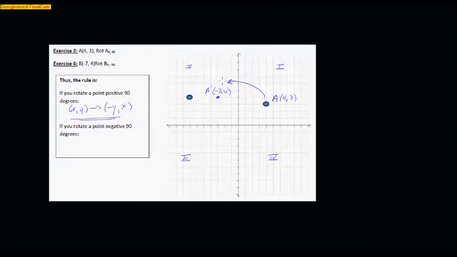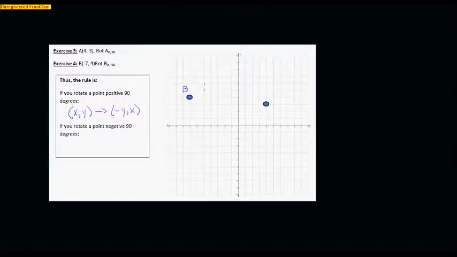Alright, let's try this other one here. Here is point B, and that is at -7, comma 4. For this one, I'm going to rotate it -90. Now, -90 means I'm going to rotate it clockwise. Again, if I imagine rotating this whole coordinate plane, there is a rule that I can follow as well.